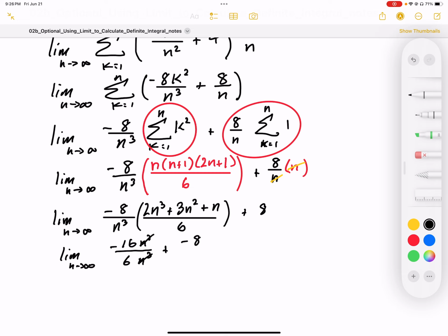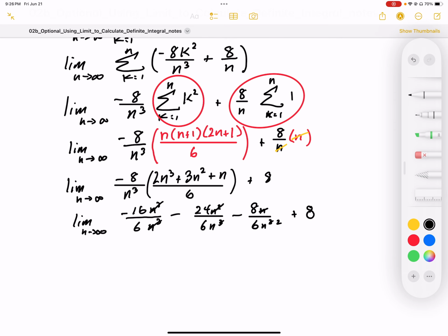So minus 24n squared over 6n cubed. You can see that we're going to have an extra n left over in there, minus 8n over 6n cubed. So that's going to cancel out, and I'm going to be left with n squared there, plus 8.